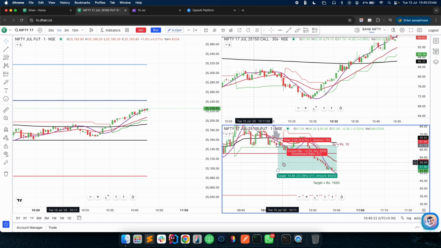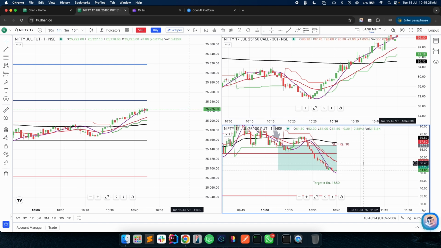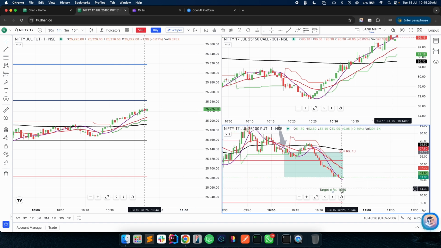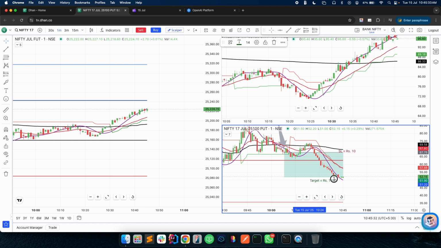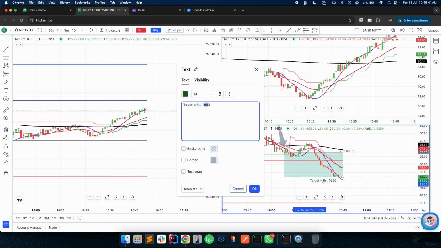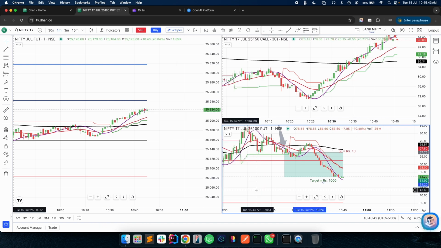So just 1 is to 1 we achieved. Essentially, it's fine. This is the second trade and we got around 1000 to 1100 rupees. Considering all the taxes and everything, we made a profit of around 1000 rupees. It's a decent trade, I would say.